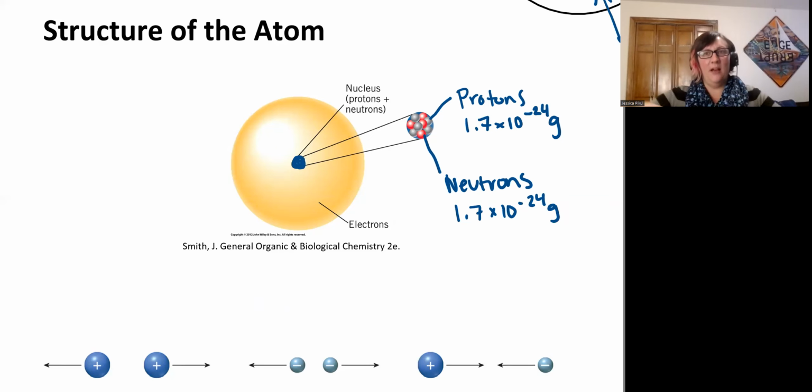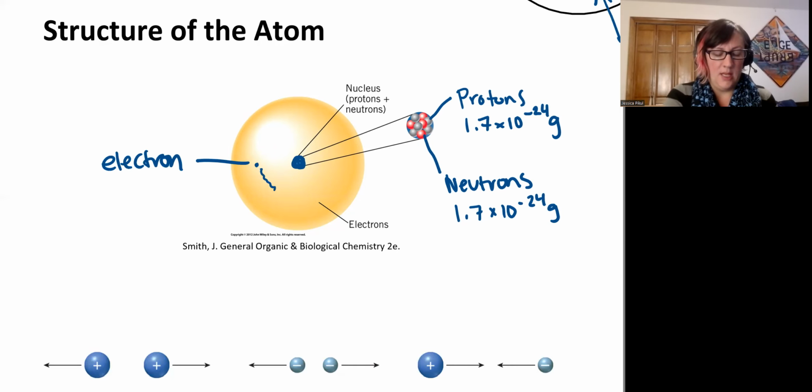Around our nucleus, we have what we're going to call an electron cloud. It's a space around the nucleus where you might find electrons. Somewhere in here, there's a little electron zipping around. Atoms will have different numbers of these.